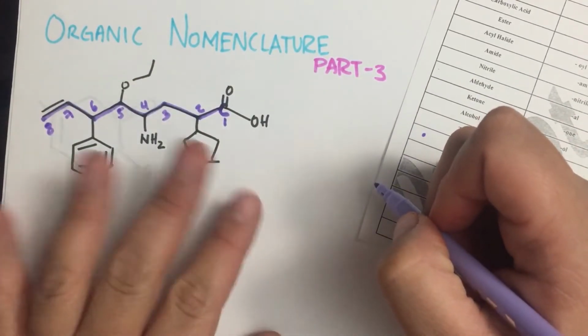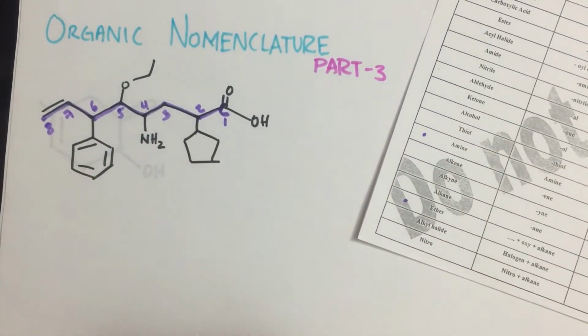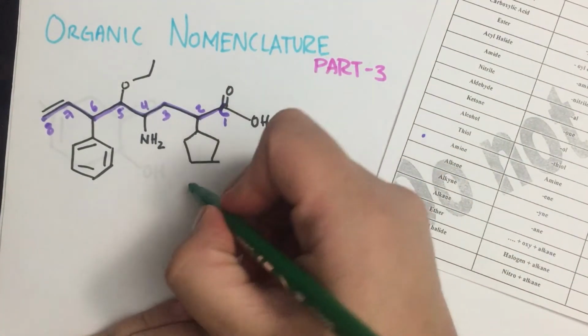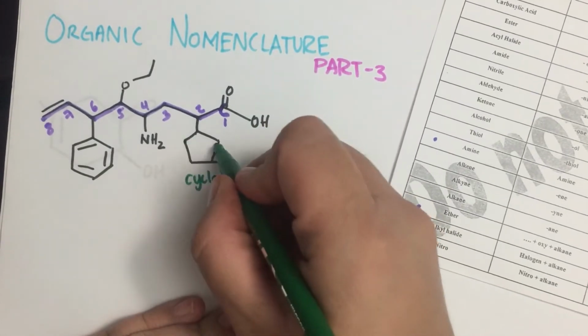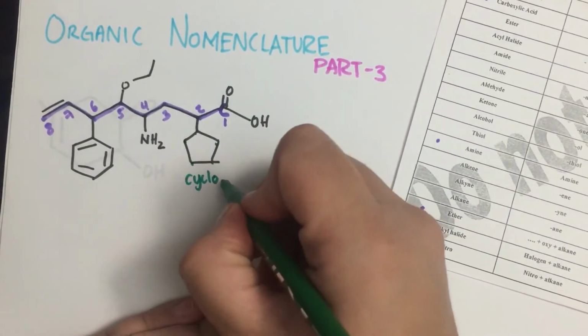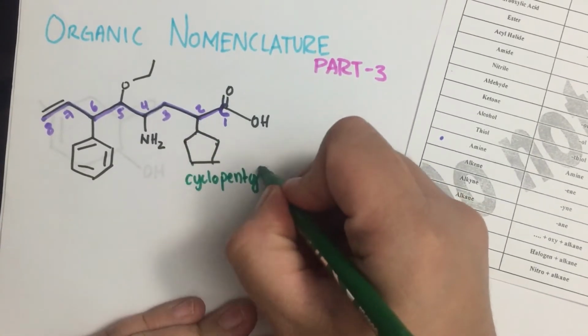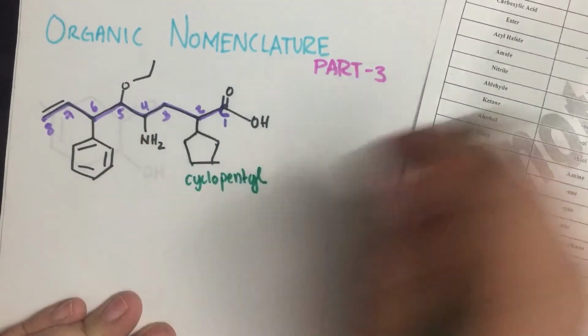Then you find your substituent names. So what would be the name of the substituents? Here we have a cyclopentyl group. So cyclo because it's a cycle. You have 1, 2, 3, 4 carbons in there. So pent. Since it's a ramification, it has a yl ending, an alkyl group. Then we have our amine.